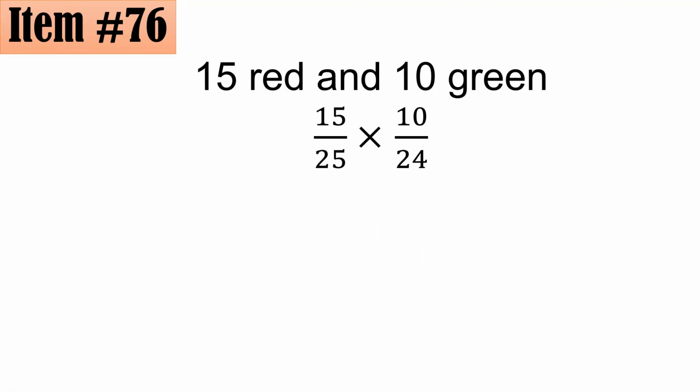Pero, sa next mo na bunot, dahil nakuha mo na yung isang red, ilang balls na lang ba yung matitira? 24 na lang. Kaya po sa second fraction po natin, 24 na lang po yung denominator natin. Now, ang tanong, di ba sa second natin na bunot, dapat green yung kunin natin. So we know na merong 10 green out of the 24 na natitira sa box.